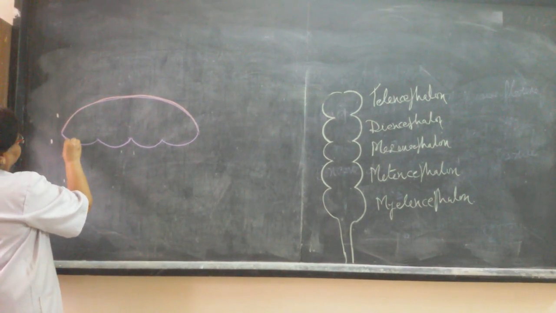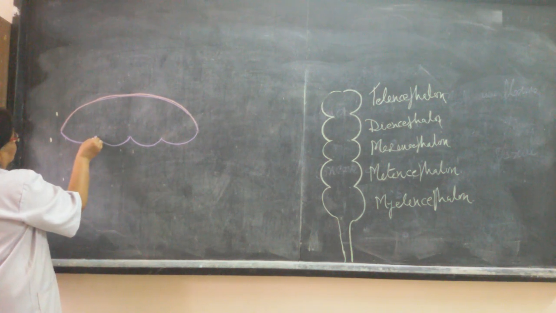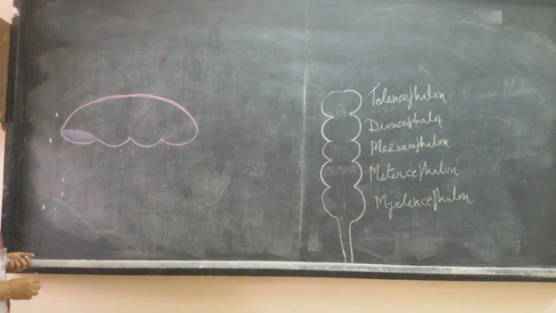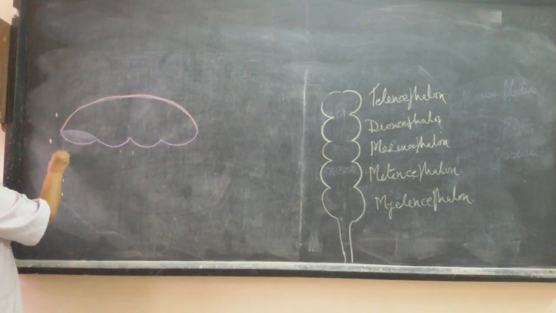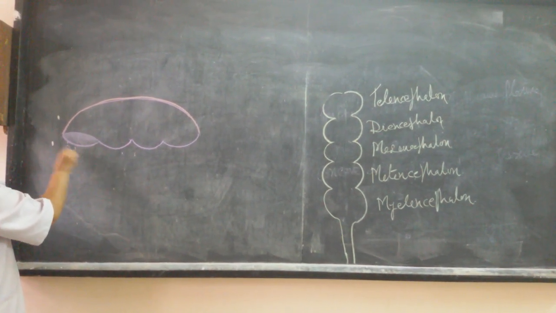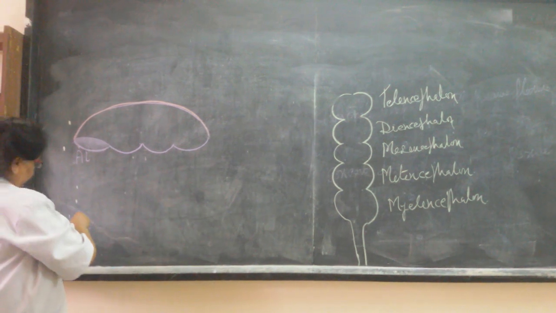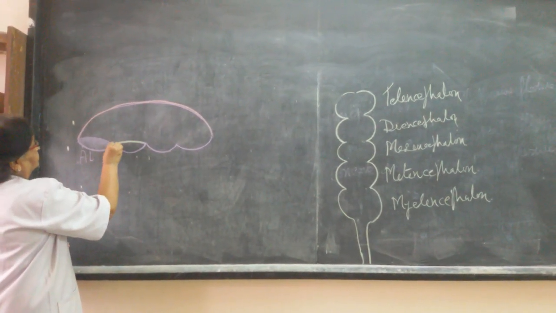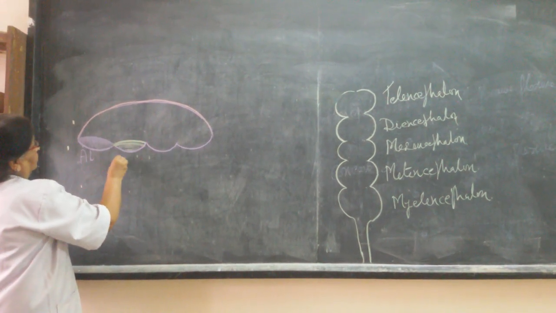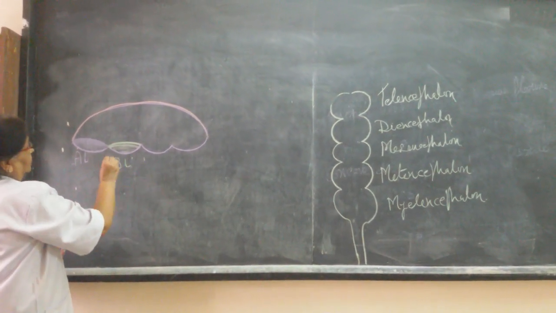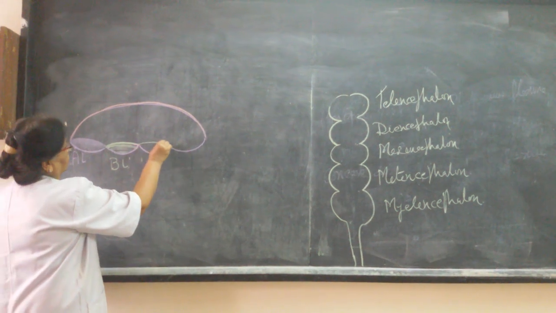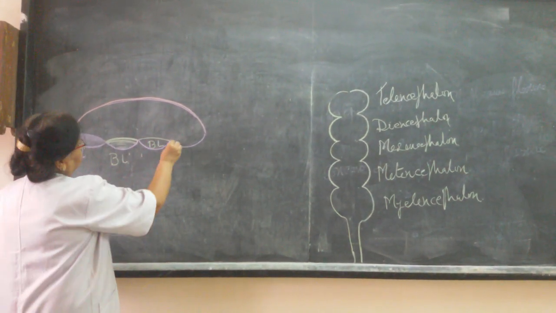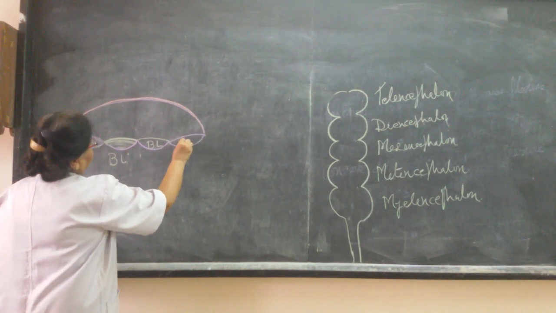This part, the tissue present in this region, is the alar lamina. Medial to it, we get the basal lamina. This is the basal lamina.